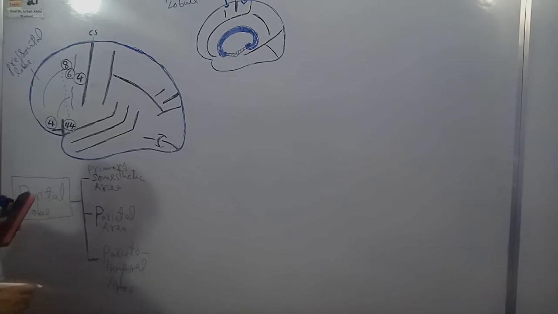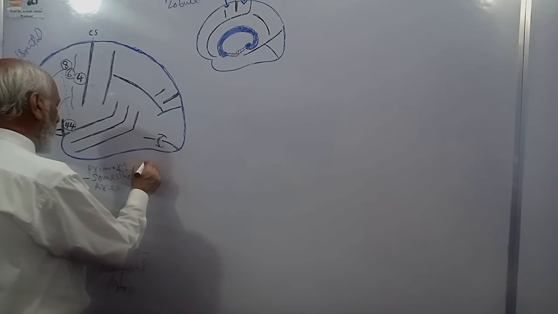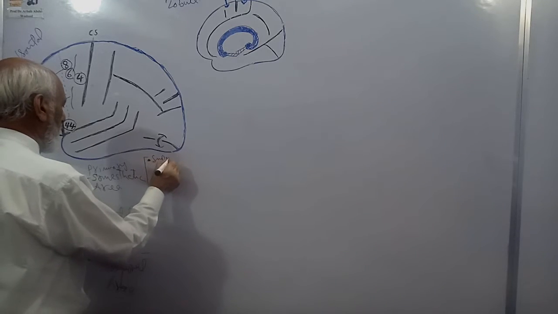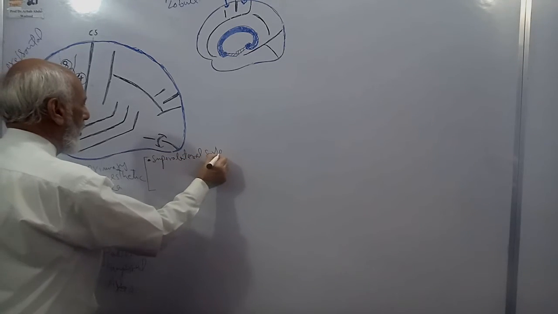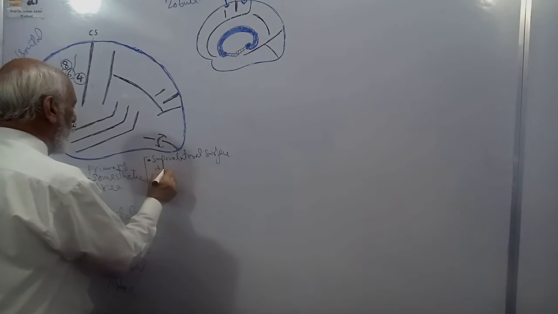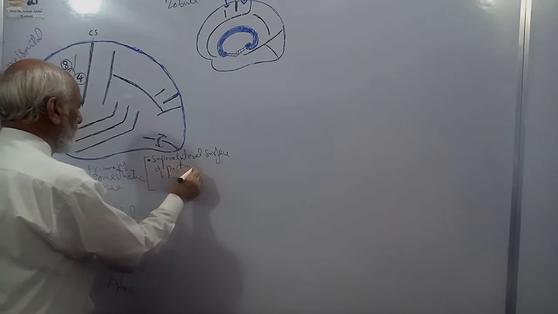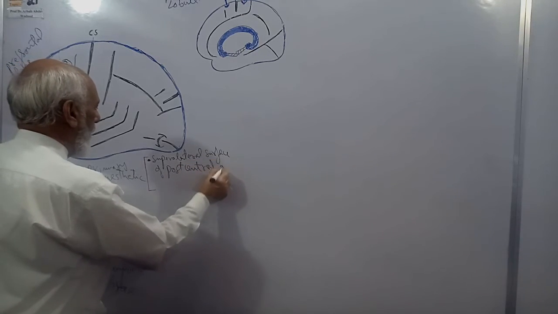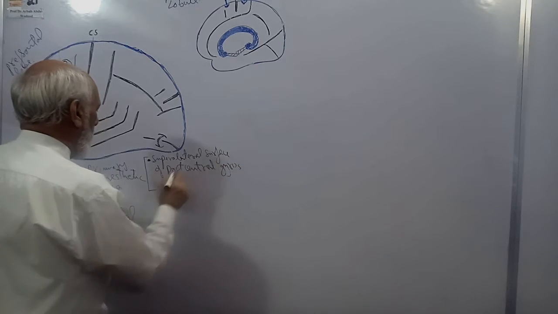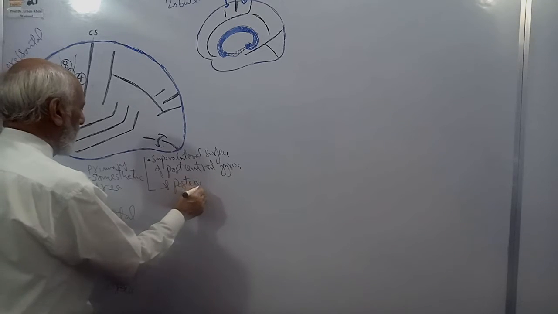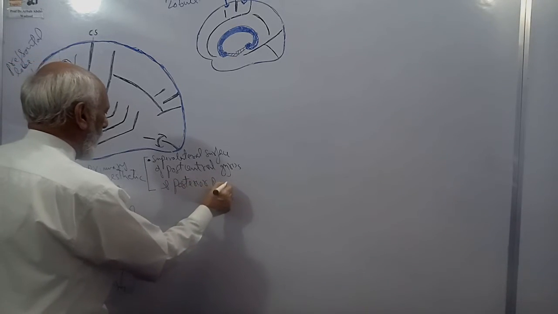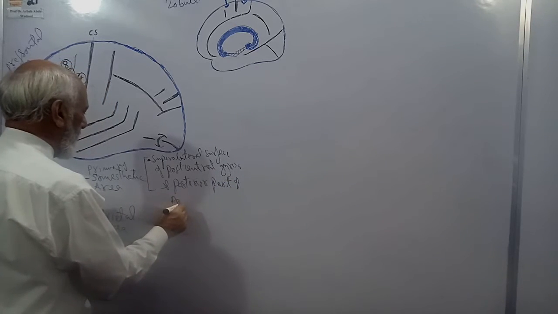Now, somesthetic area, Brodmann cortical area: it is the superolateral surface of post-central gyrus and posterior part of paracentral lobule.